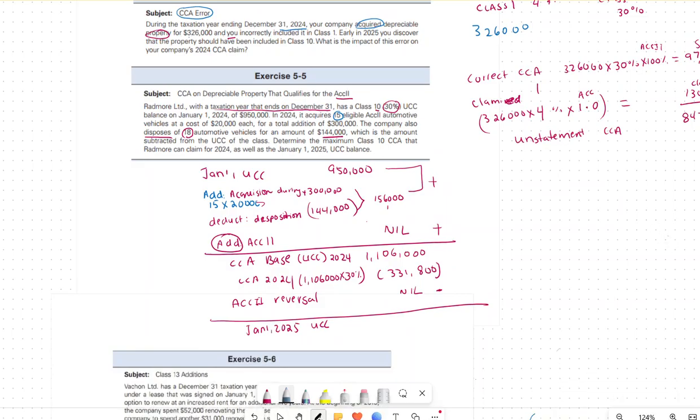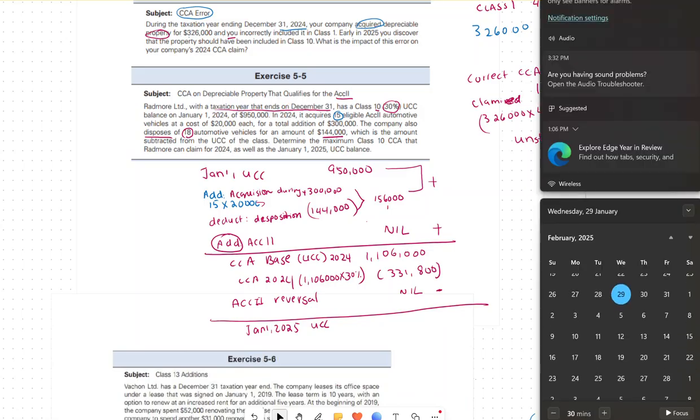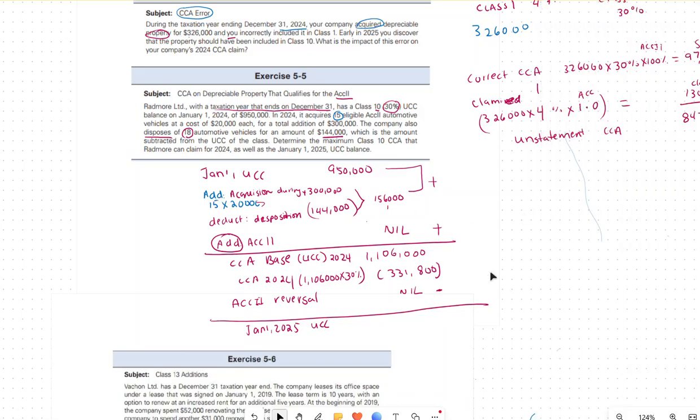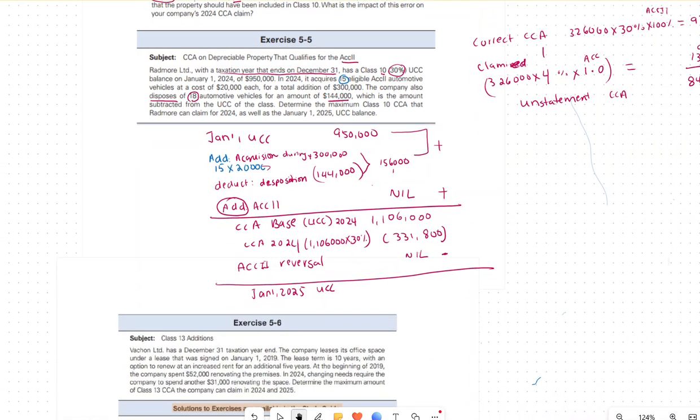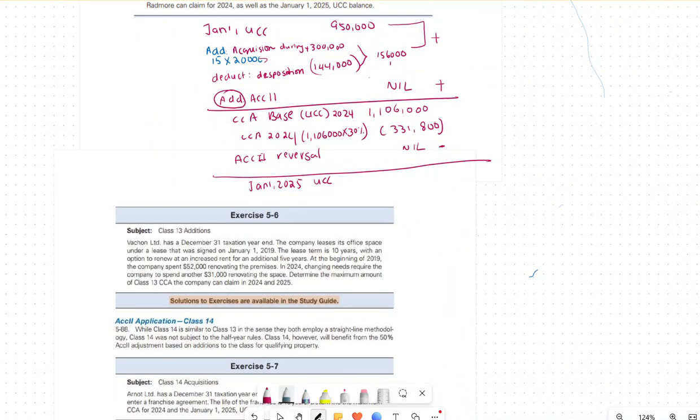So it will be your 774,200. So that's the balance, that's the amount. Seven seven four 200.